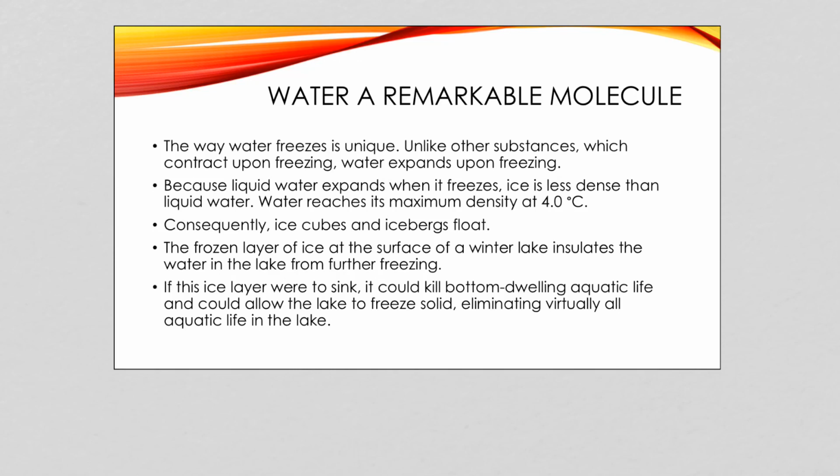So ice is less dense than the liquid version, which is extremely unusual. So because it expands when it freezes, it's less dense, and then it floats. So we get ice floating on top of water, which is unheard of. In other materials, if a part of a material starts to form a solid, it would instantly sink to the bottom.